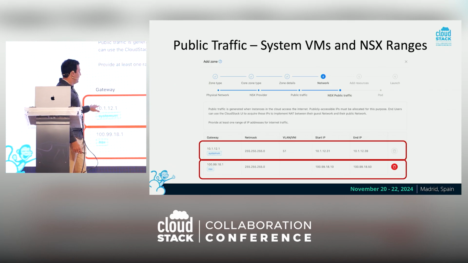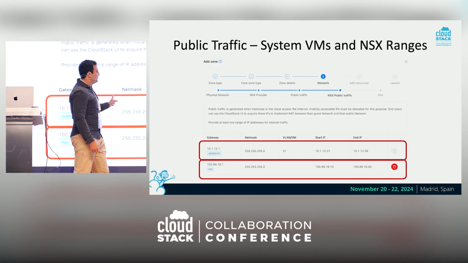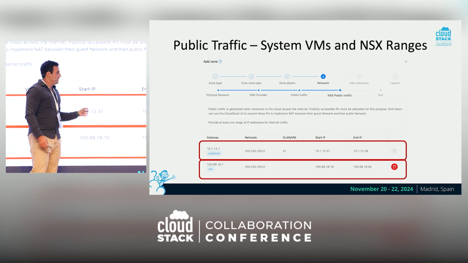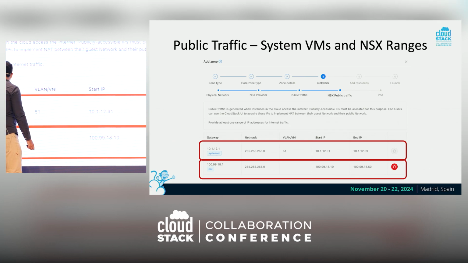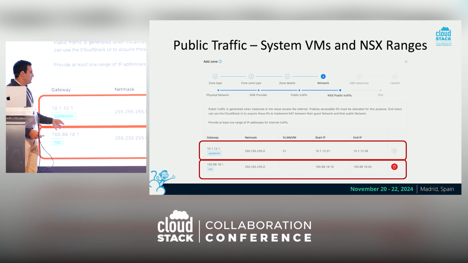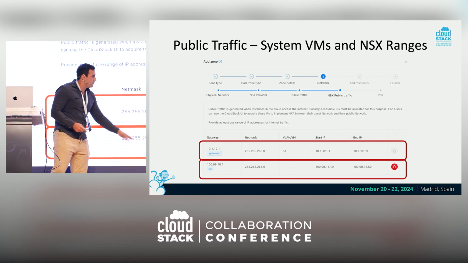So every system VM will be consuming its public IPs from the first range, and every VPC public IP you'll need for your services will be from the second range.